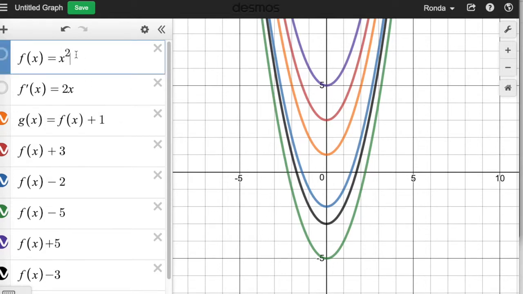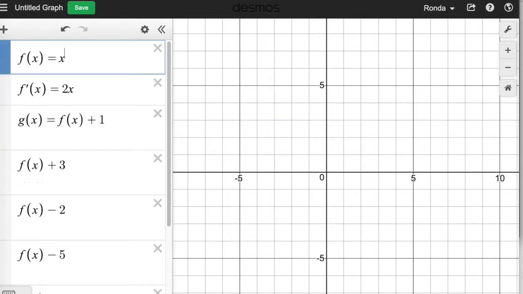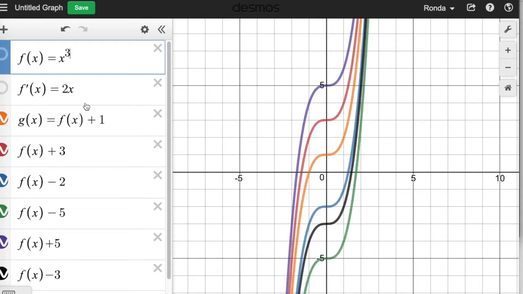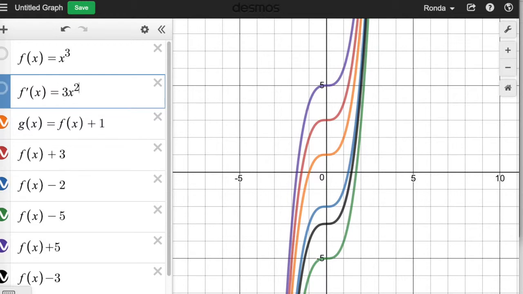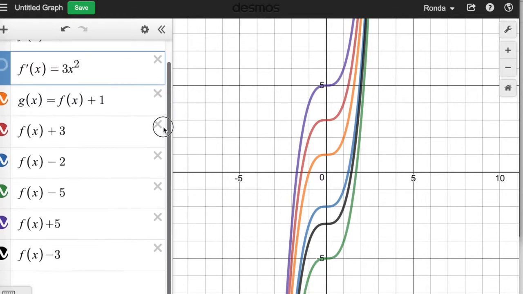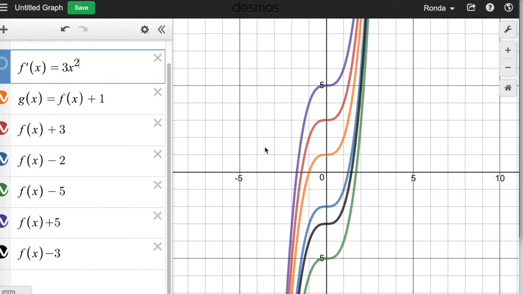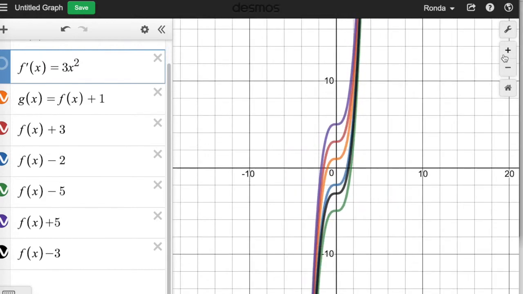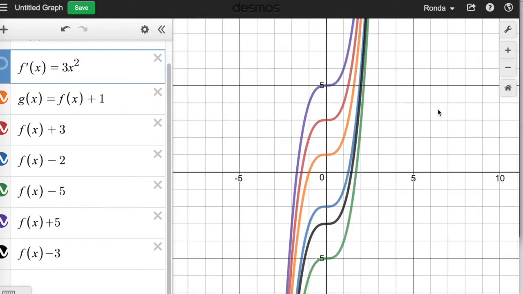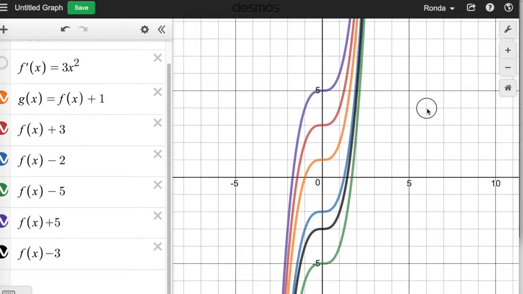The same thing, if I changed my x squared to x cubed, then I have this whole other family of functions. Here my f prime would be 3x squared, but when I do this, I get this whole family of functions. It's not just one thing. It's the general antiderivative, so it's x cubed plus any constant.